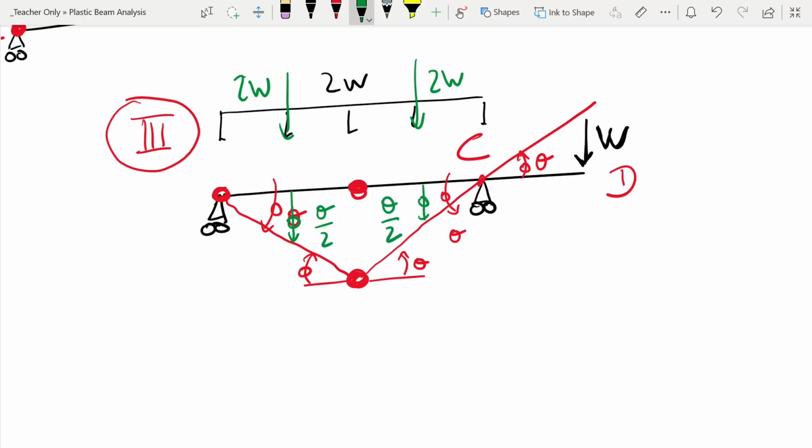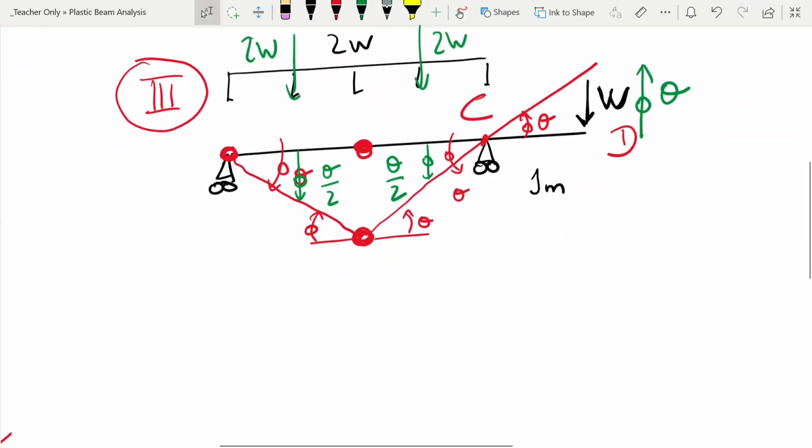So now, if this bit here is 1 meter, and we know that angle there is theta, we know that this displacement here at D is actually theta but upwards. And what does that mean? It means that the work done by the load W is actually going to be negative. So the load W is actually helping the structure not break according to this mechanism. Let's check the numbers, and then this probably will make more sense.